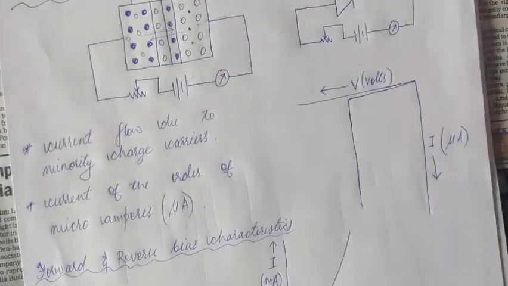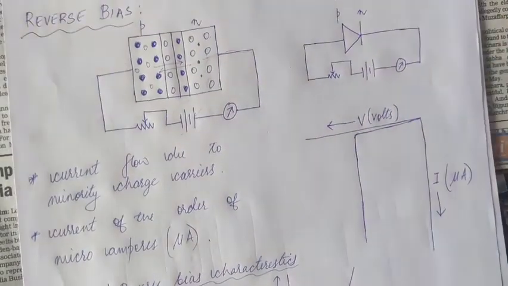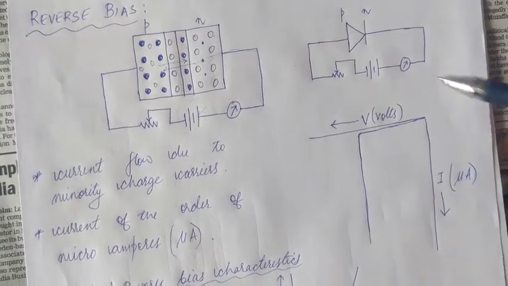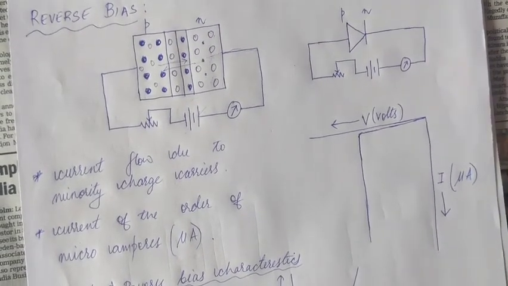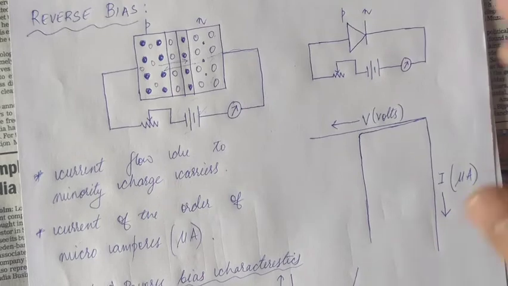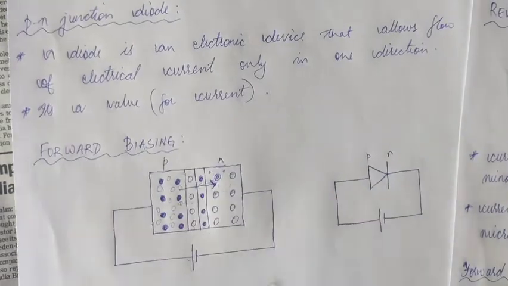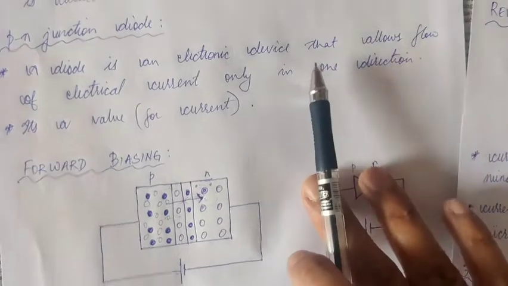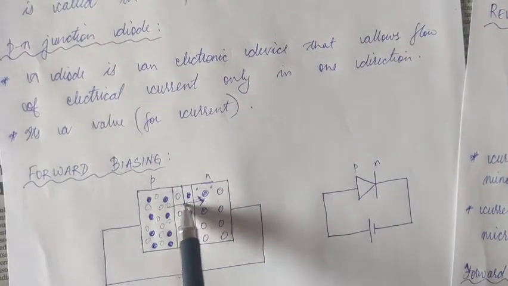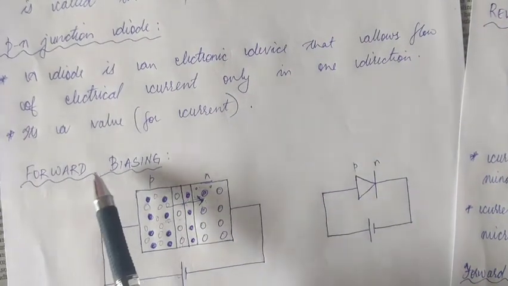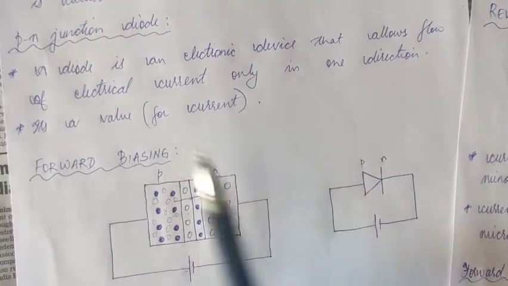So the current that flows under reverse bias condition is in the order of microamperes, which is 1000 times lesser than the current that was flowing in forward bias condition, remember. So it's like current is flowing through the diode only in forward bias condition, which is in the order of milliamperes.